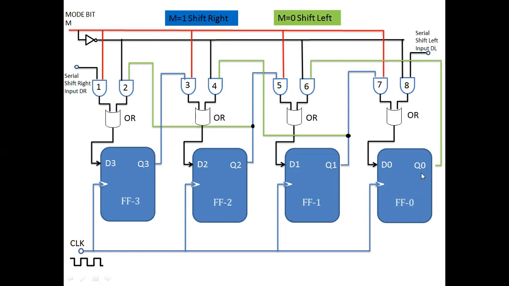When you apply the clock pulse, that data will go to the input of pin number 6, and that will act as the input D1 of flip-flop 1.